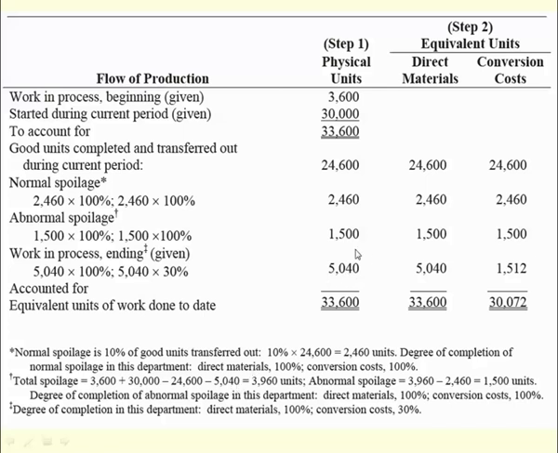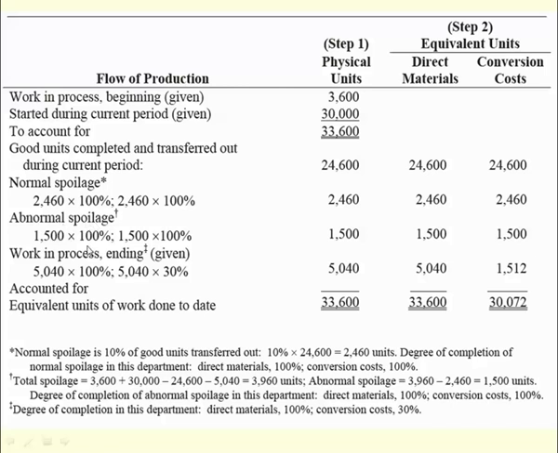5,040 is the number of units still work in process ending, so the 3,960 is the total spoilage units. And here we calculated part of it, which was normal spoilage, 2,460. So to calculate abnormal spoilage, we deduct 2,460 from 3,960, which equals 1,500 units under abnormal spoilage.